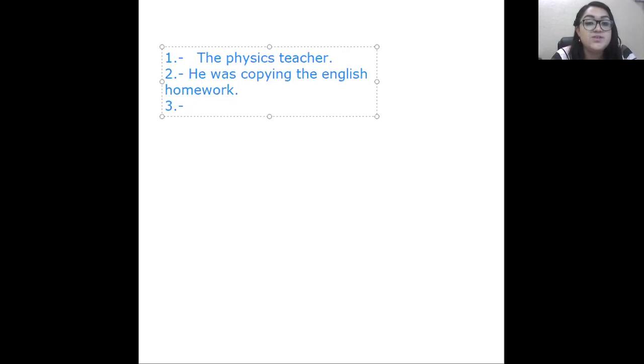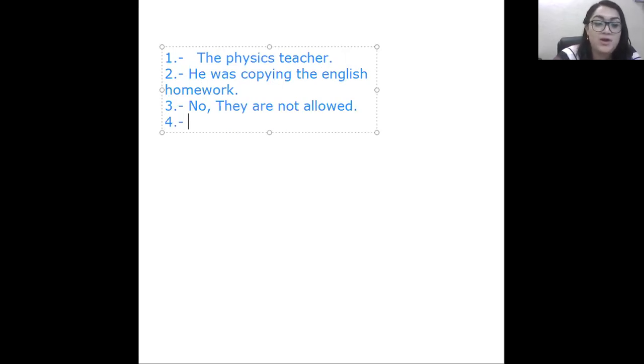Can the students use the cell phone in class? ¿Pueden ellos usar su celular en clase? No, they are not allowed. What is the meaning of they are not allowed? Que no está permitido. Okay. Number 4.